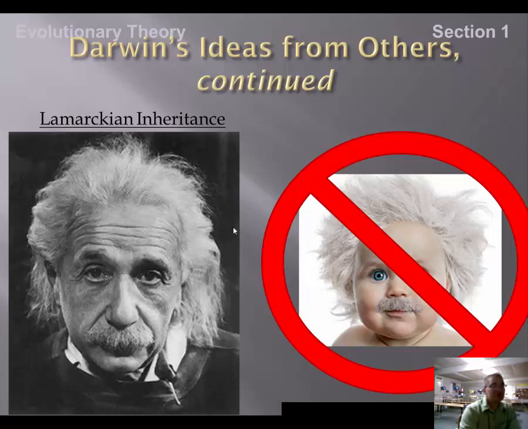Organisms pass on traits, yes, but they don't pass on the ability to be intelligent or the knowledge that was gained by their parents. It would be like somebody going into the gym and continuing to work out day after day and becoming very muscular and expecting that the child would come out muscular.